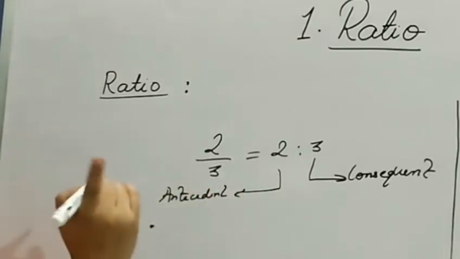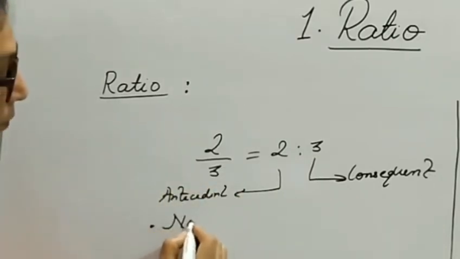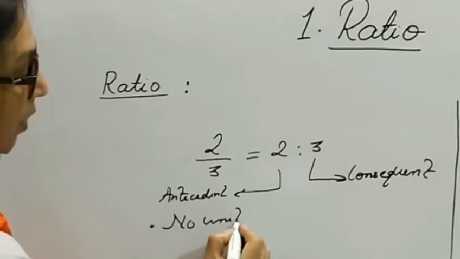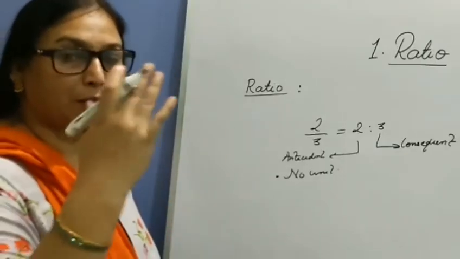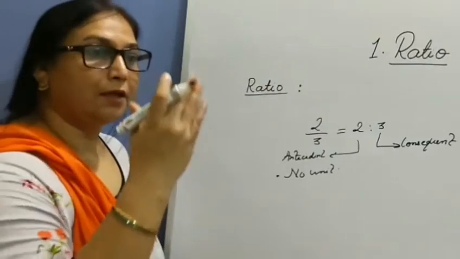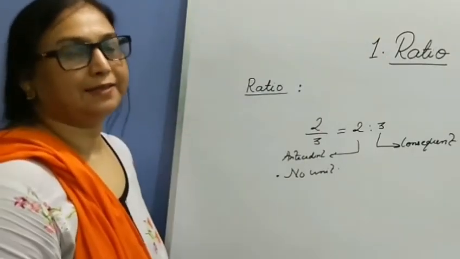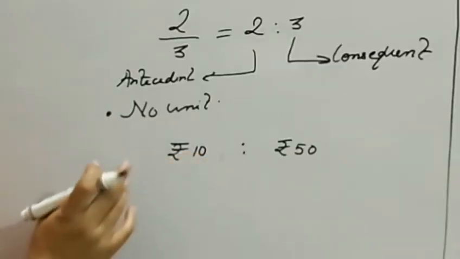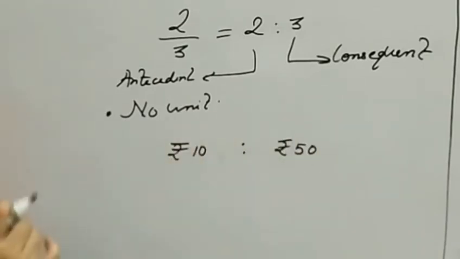And do you know a ratio has no unit? Why? When you compare two similar quantities, the units get cancelled. Let me explain with an example. Rupees 10 is to rupees 50. Step 1. Do you know ratio is comparing two similar units in division.